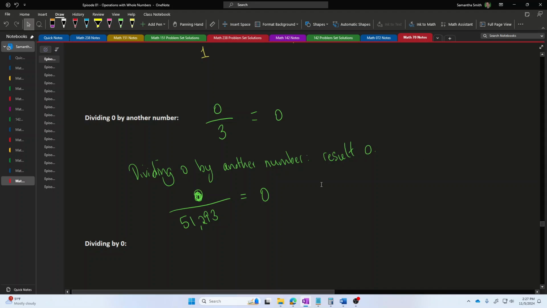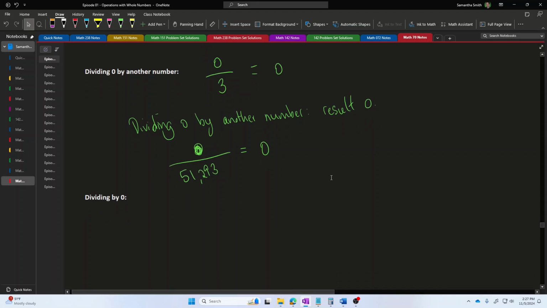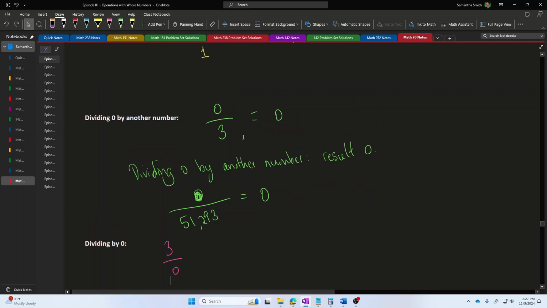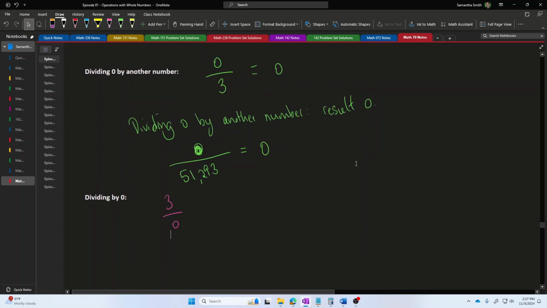Now, it's different if you divide by 0. It's different if you take, for example, 3 and divide it by 0. So the opposite of what we had before. Not 0 divided by 3, but 3 divided by 0.